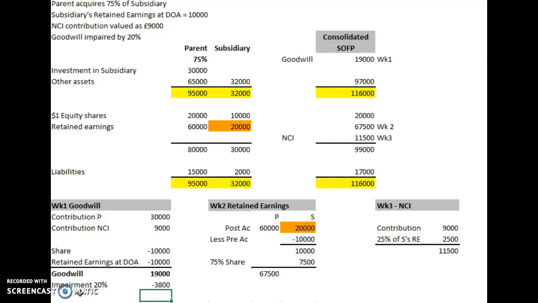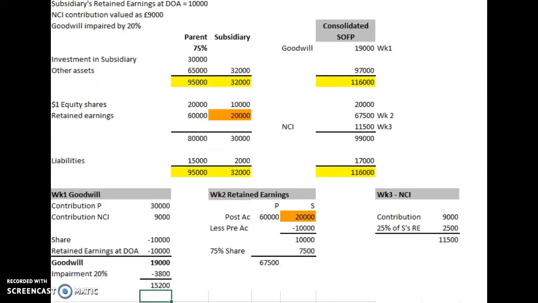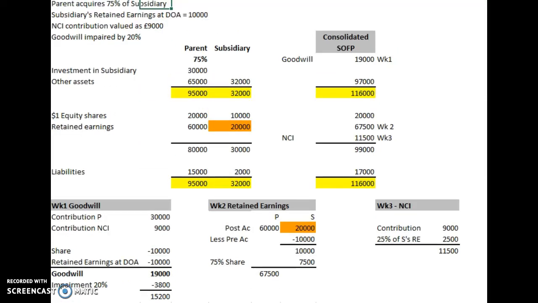Taking one from the other, we have 15,200 instead of 19,000. So we've impaired goodwill over the year by this amount.